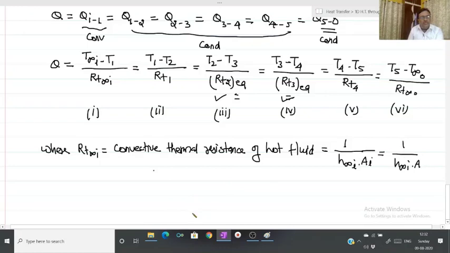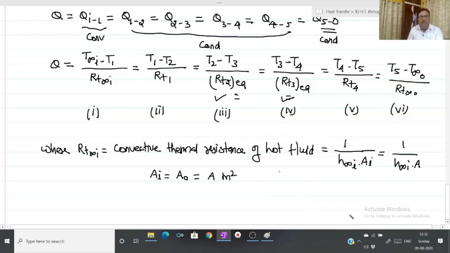Now here, AI is the area of the fluid film normal to heat flow. AO is the area of the cold fluid film normal to heat flow, which will be equal to the area of the slab normal to heat flow.